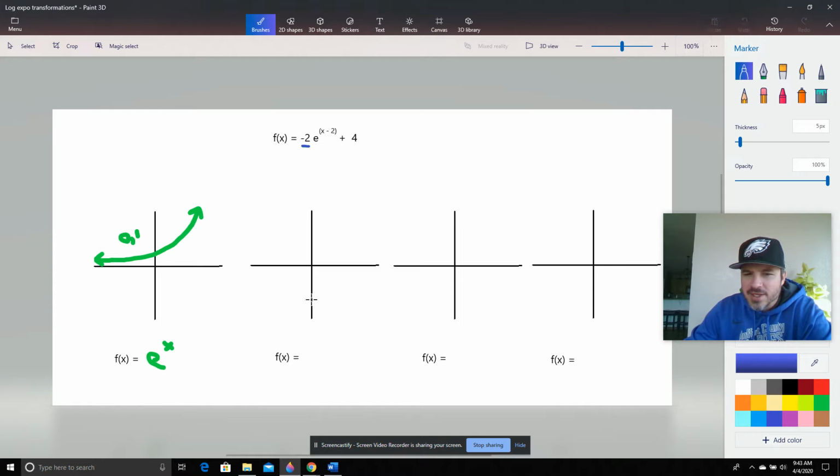What that means is that there's this point down here now at -2, and I still flip the end behaviors. This side doesn't really get flipped because it's still heading towards the asymptote. This is the end behavior that gets flipped. So now instead of shooting to infinity, it wants to go to negative infinity.